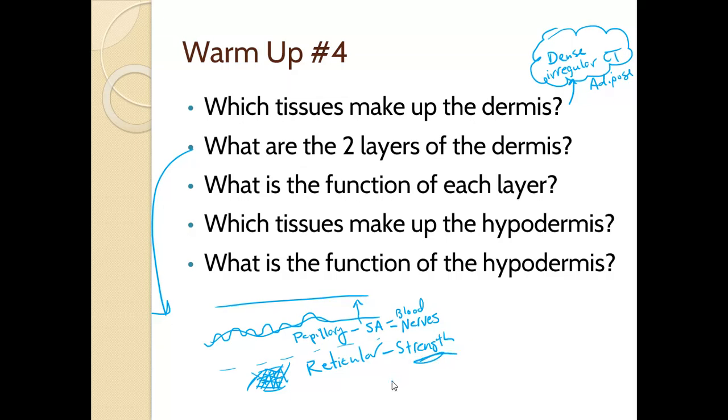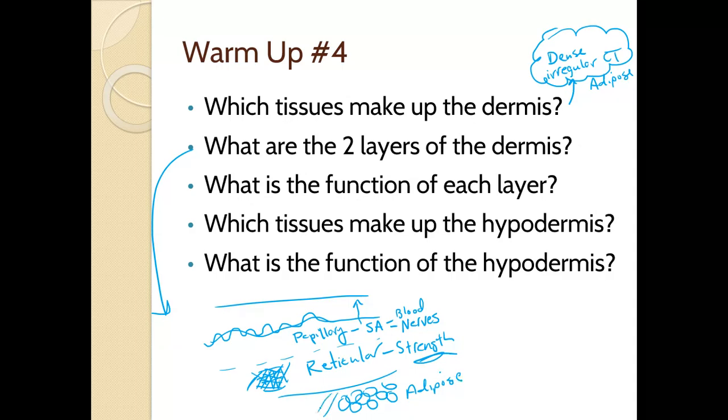All right, next question. Tissues that make up the hypodermis. If we come down here we find the hypodermis, and we're going to find a lot of adipose tissue. These are supposed to be adipocytes. And then we're going to have some bands of a loose connective tissue known as areolar.